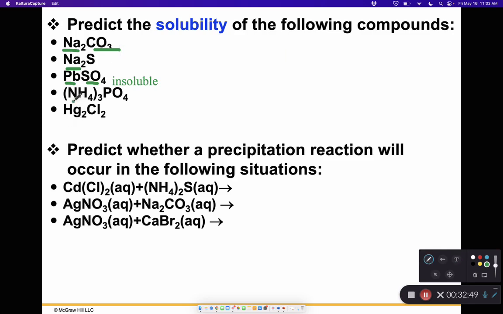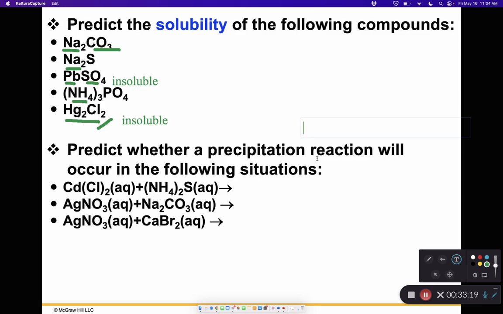If it is ammonium, then without looking at the other partner, you can say this is soluble. You have mercury chloride here. All other chlorides are soluble, but mercury is the exceptional case. So again, mercury chloride is insoluble. It does not dissolve in water. It remains as a solid. Okay, so that is how we answer it.